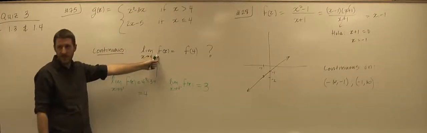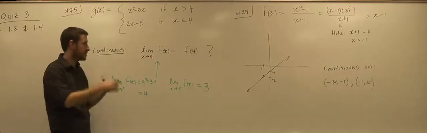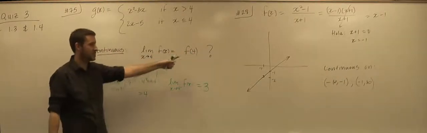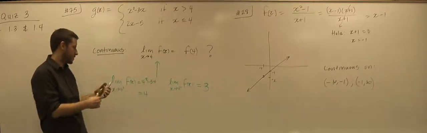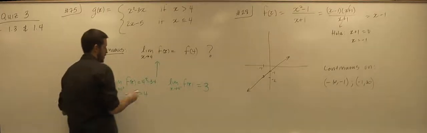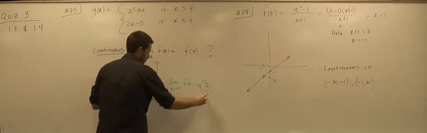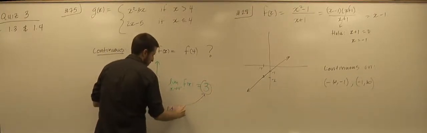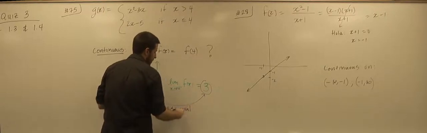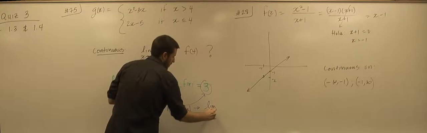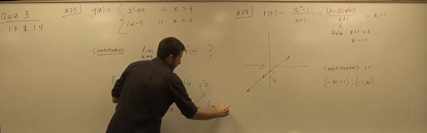So what this is saying is you're approaching 4 from the right, you're approaching 3 from the left. So this limit doesn't even exist because they're not approaching the same thing. It doesn't even matter if f of 4 exists or what it is, because this limit doesn't exist. When your left limit and your right limit are not equal, then the overall limit doesn't exist, and if your limit doesn't exist, your function can't be continuous.